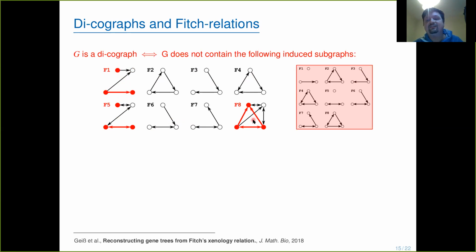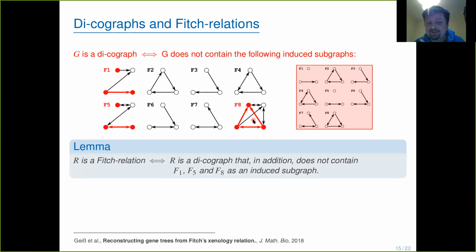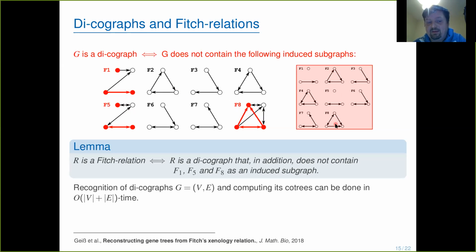And this implies that a Fitch relation is a directed cograph that in addition does not contain F1, F5, and F8 as an induced subgraph. And this helps us. I mean, we know that Dico graphs can be recognized and that trees can be computed in linear time.